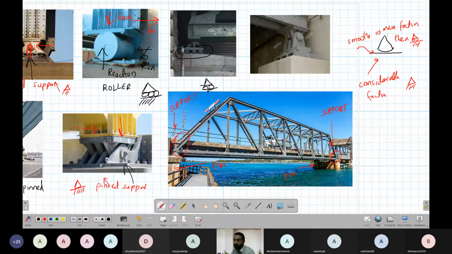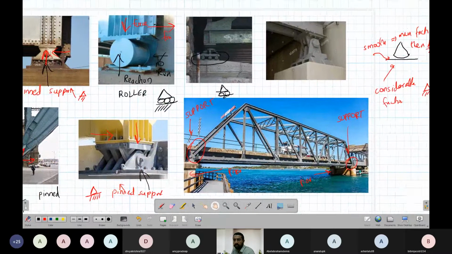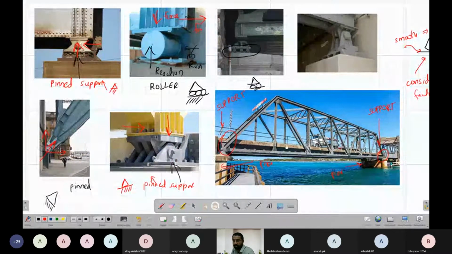Generally these are rollers. If there is rust, it cannot move in this direction, so it will become a pin. Okay, this is how we use different support conditions in actual structures.